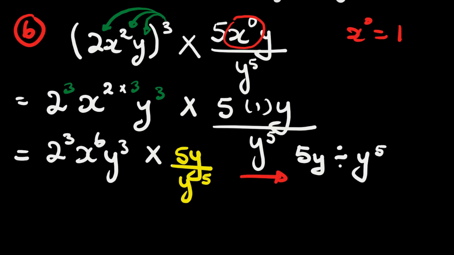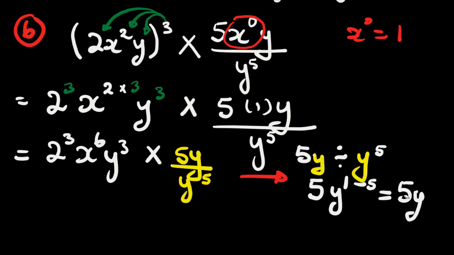Then now we can deal with the bases y and y. So our answer to this portion would have to be 5, y to the power 1 minus 5.